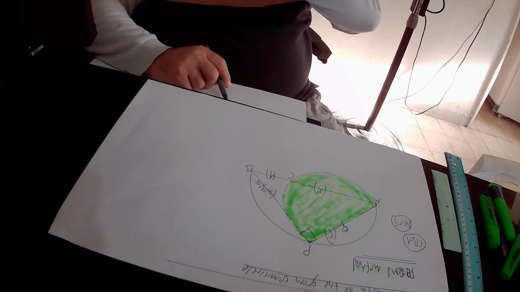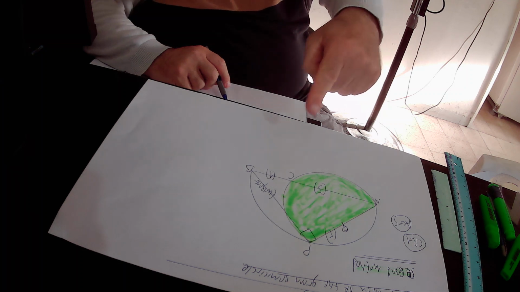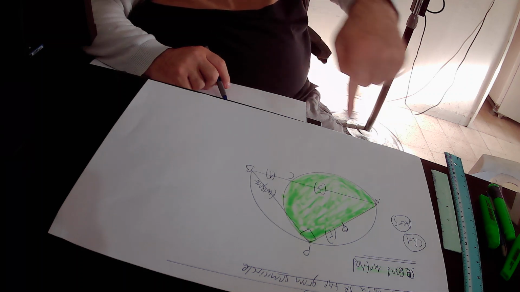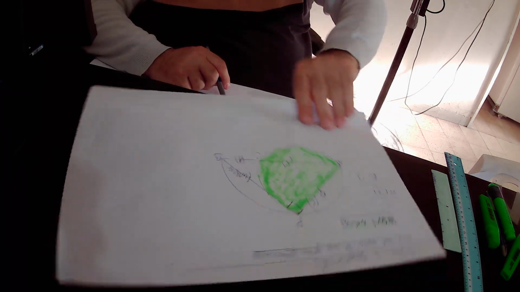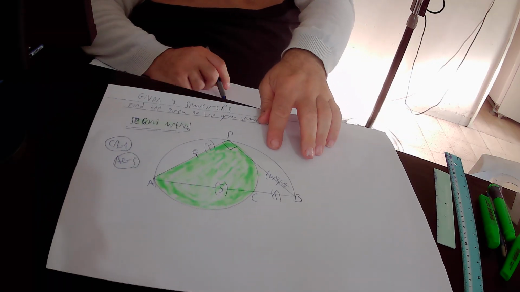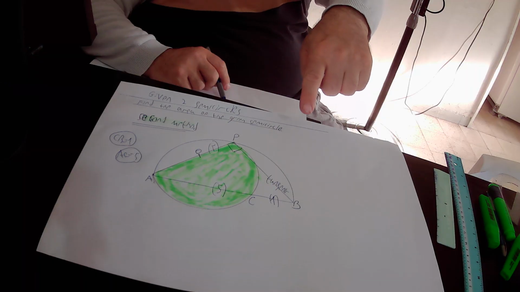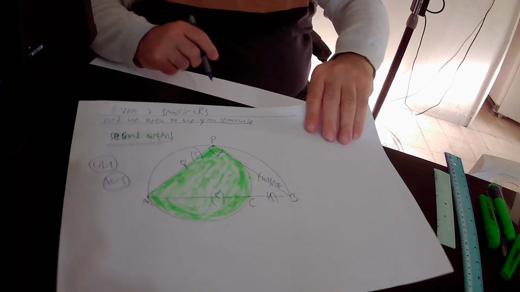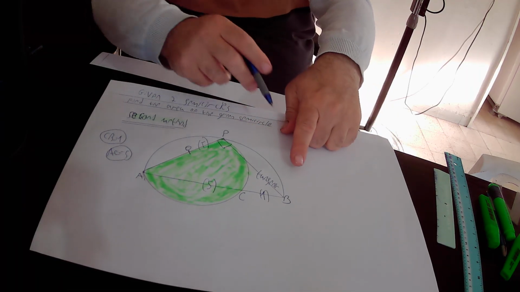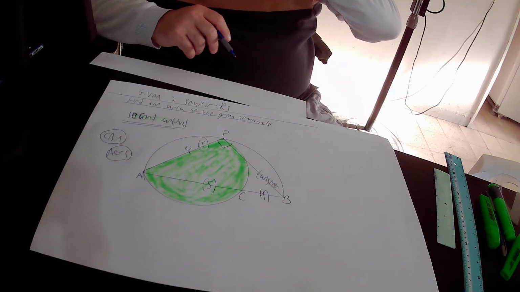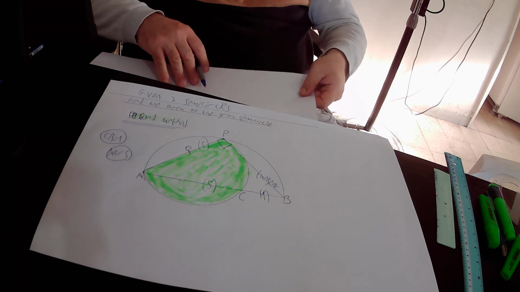According to rule 10, PB square equals BC times BA. Again, PB square equals BC times BA. So I write it down.